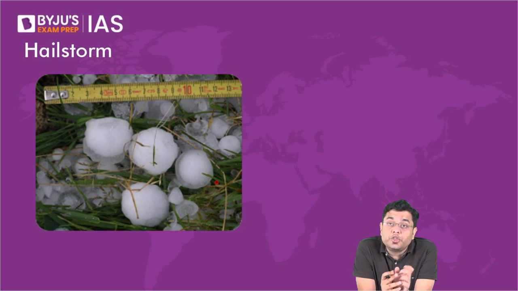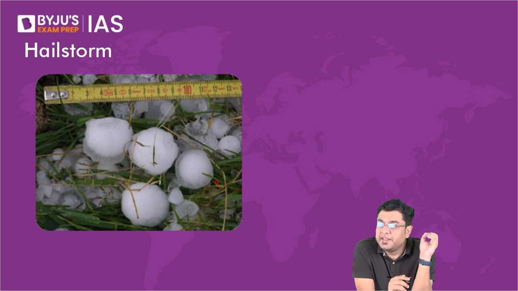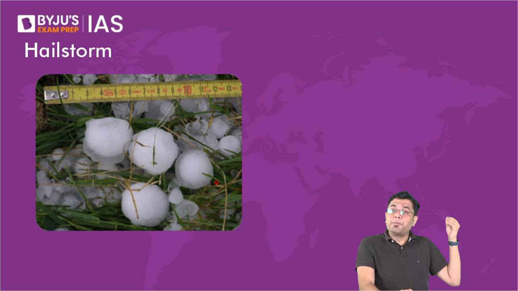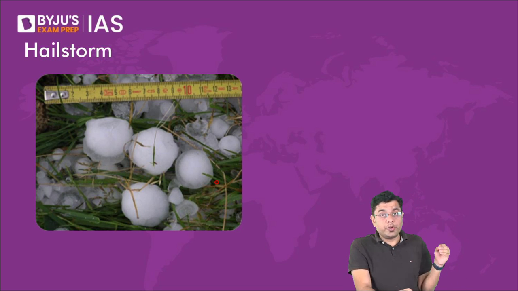So hailstorms can be a potential disaster because these large chunks of ice fall with a significant amount of force. They can shatter glasses, they can impact us as well, they can end up causing very serious injuries as well.